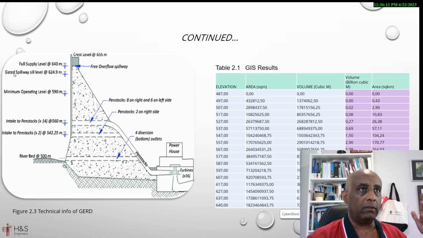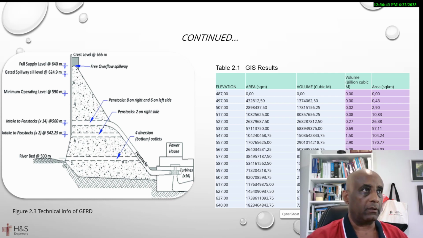You see, when there is flooding, inundation, or if the incoming flood is much higher than the capacity of the reservoir to hold the water, then the gated spillway can be opened up and the incoming extra water can be released in case it is necessary.